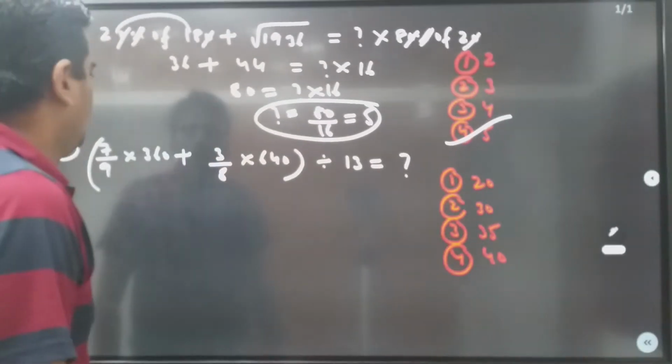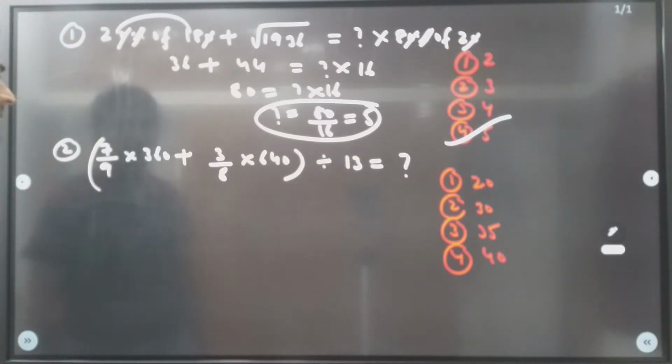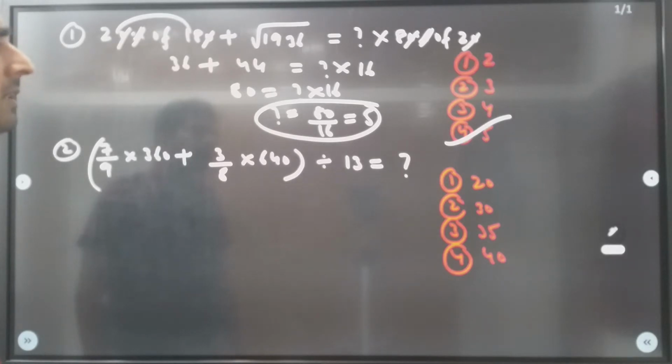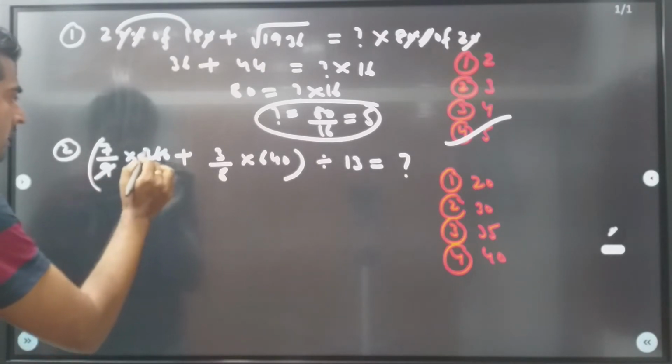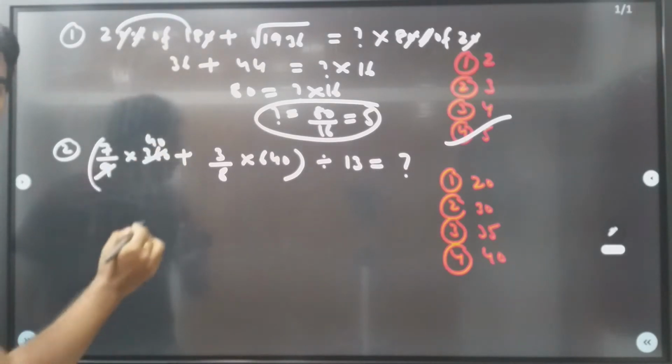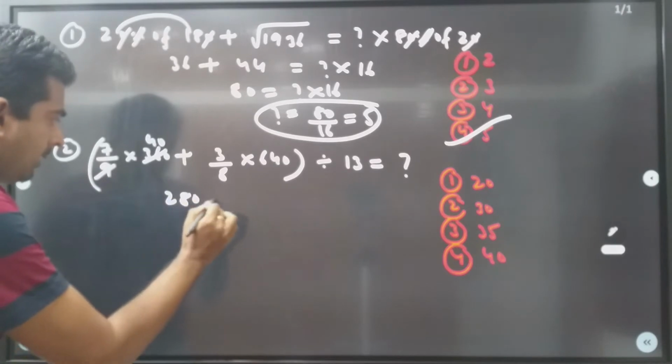Next one, the second one: 7 by 9 into 360 plus 3 by 8 into 640, whole divided by 13, is equal to question mark. So cancel this number. 9 fours are 36, so 40 into 7 is 280.